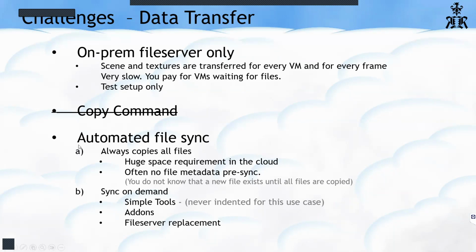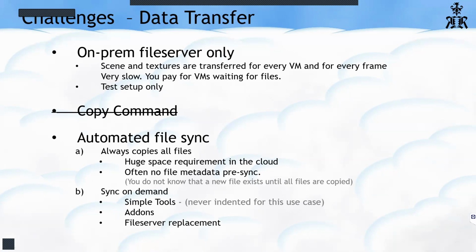There are two different kinds of solutions. One copies all files, but that requires a huge space in the cloud if it just synchronizes the whole project folder. And often these solutions have no file metadata presync.